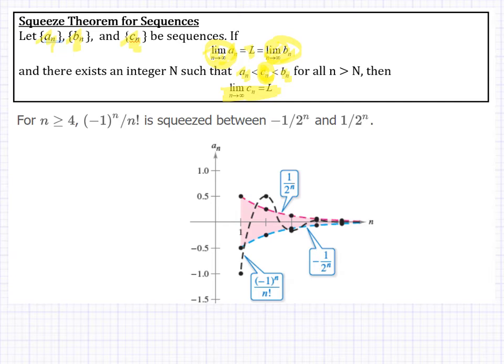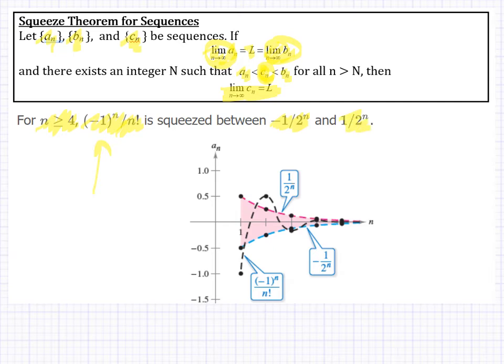So here's an example. Let's look at, say, negative 1 to the n over n factorial. So something like this is our sequence. If we're trying to figure out what the limit of this sequence is, well, if we look at n greater than or equal to 4, so at some point, and from that point on, in this case 4 on, that sequence could be squeezed between a couple of different sequences, but here's 2, negative 1 over 2 to the n, and 1 over 2 to the n.